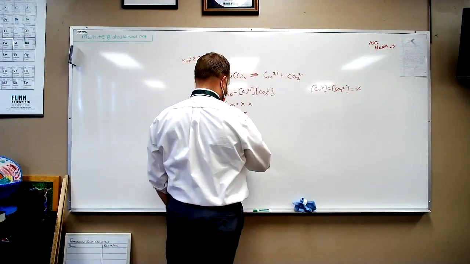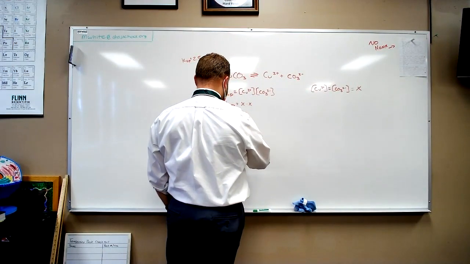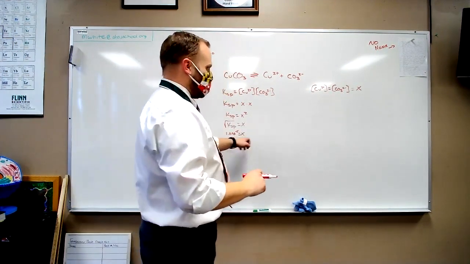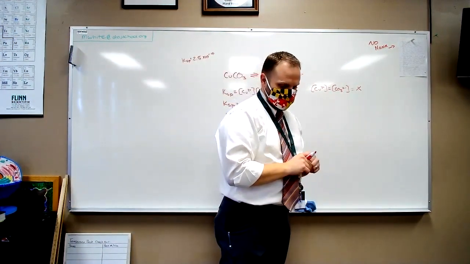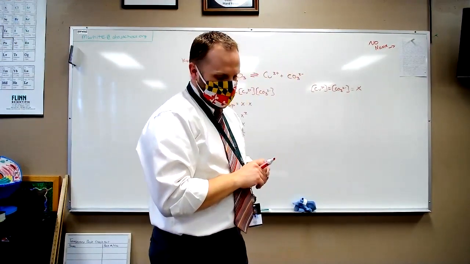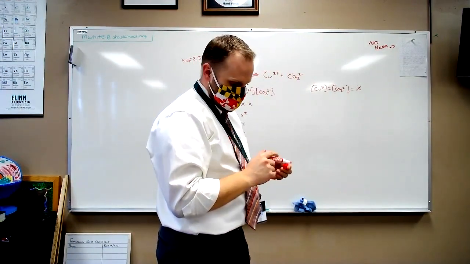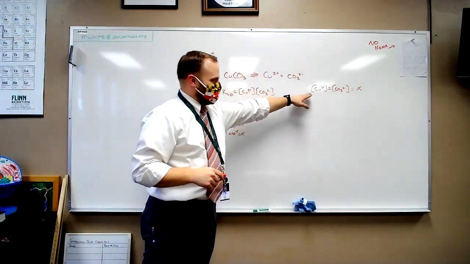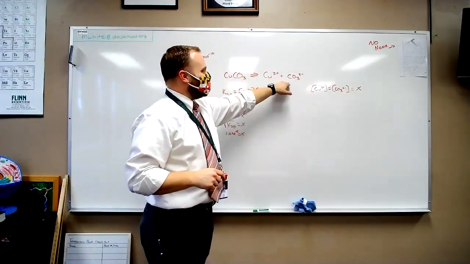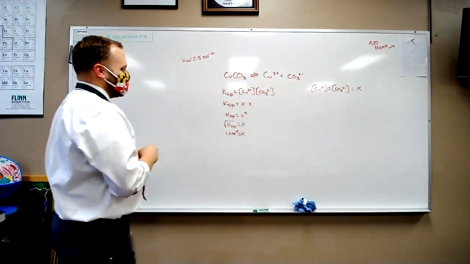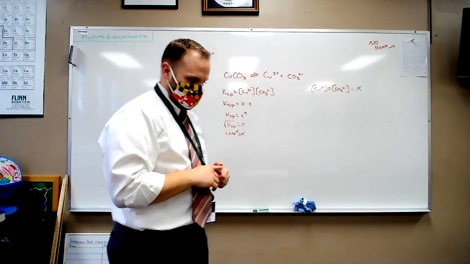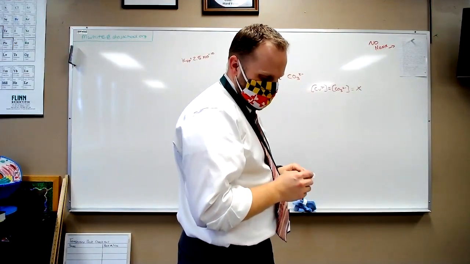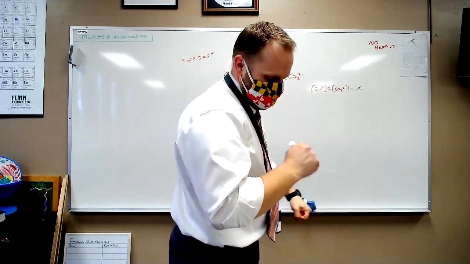So X equals 1.6 times 10 to the minus 5, and that is our concentration. That is the trick that we need to remember, that these are going to come apart in a very specific ratio. Now they do the next problem, example problem 6, with magnesium hydroxide.